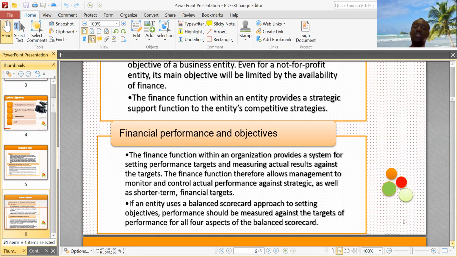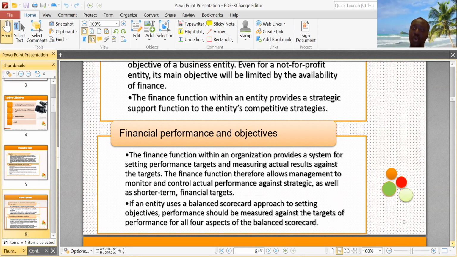If the entity uses what we call the balanced scorecard approach, which we've talked about in prior videos, so if you haven't looked at it, you can go and watch it. Performance should be measured against all the targets of performance that is defined in the balanced scorecard, which includes the financial objective, the internal process perspective, the customer perspective, and the learning and growth perspective.